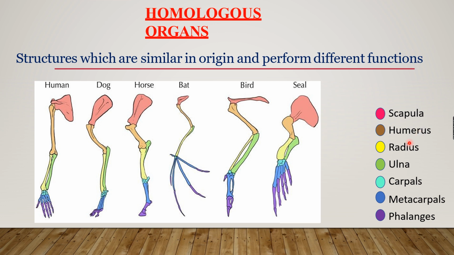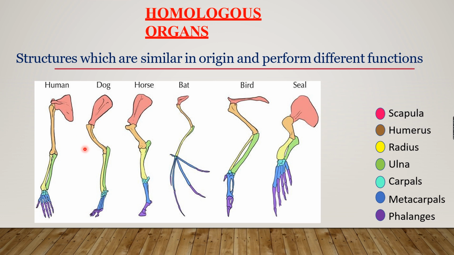Humerus, radius, ulna, carpal, metacarpal, phalanges. All these bones are present in all the vertebrates, human, dog, horse, bat, birds, and seal or whale-like animals. But their function will be different. For us, it is very useful for picking things, writing, and doing other activities.